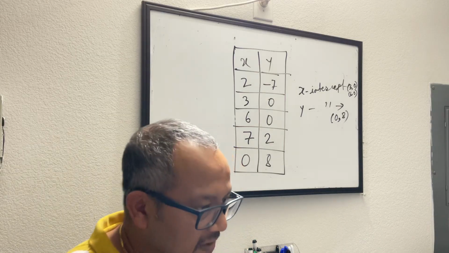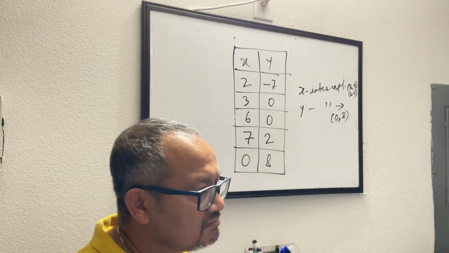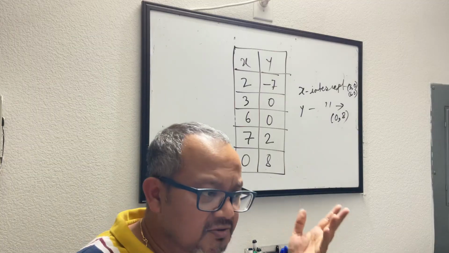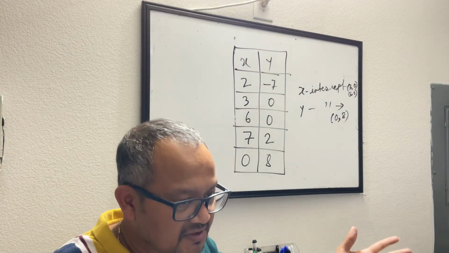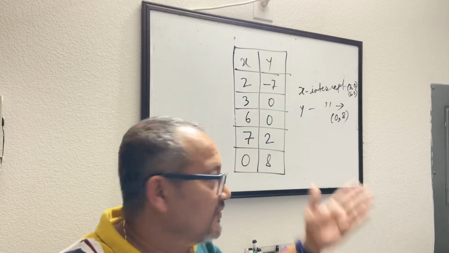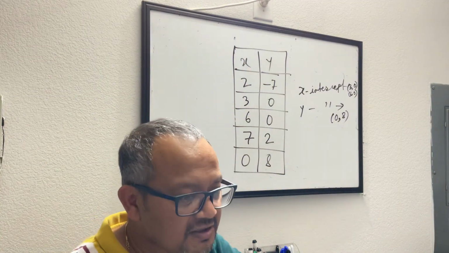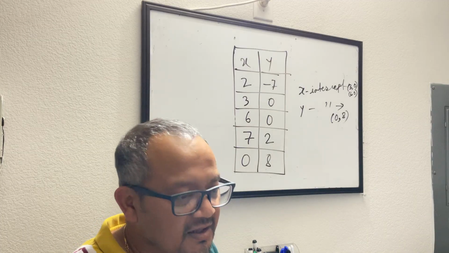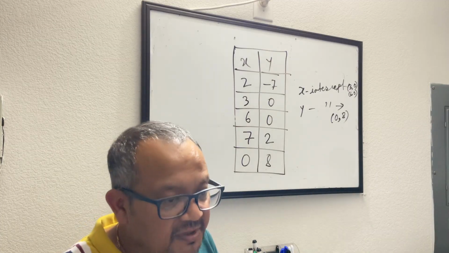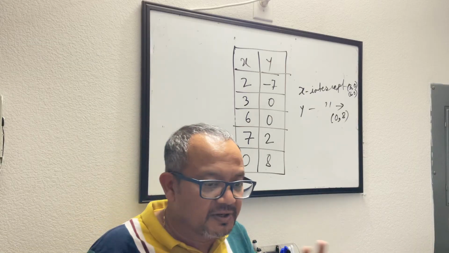X-intercept will remain x-intercept. If it touches twice, I don't mind. If it crosses the x-axis 5 times, I'll have 5 intercepts. If it's a linear equation, it will cross only once. A straight line cannot cross the x or y axis twice or more. So those are interpretations, but the basic concept of intercept will remain the same.